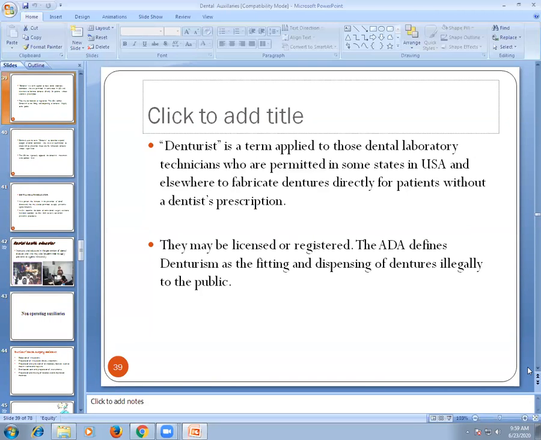Denturist is a term applied to those dental laboratory technicians who are permitted in some states in the USA and elsewhere to fabricate dentures directly for patients without a dentist's prescription.